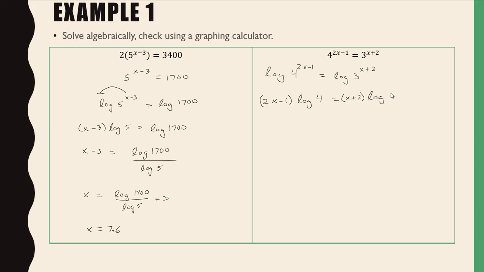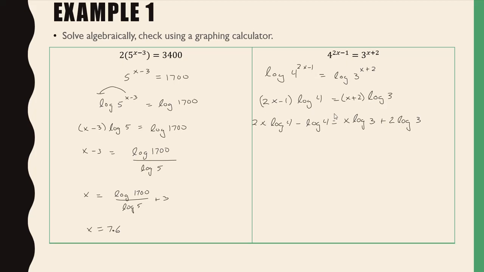Now this one isn't as simple as saying, hey, wouldn't it be nice if I could divide both sides by log 4? Because then I'm going to have an x still hanging out in a weird spot. So instead I am going to distribute both of these. So I'm going to end up with 2x log 4 minus log 4 equals x times log 3 plus 2 log 3.